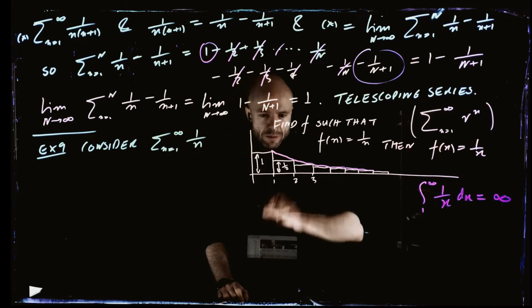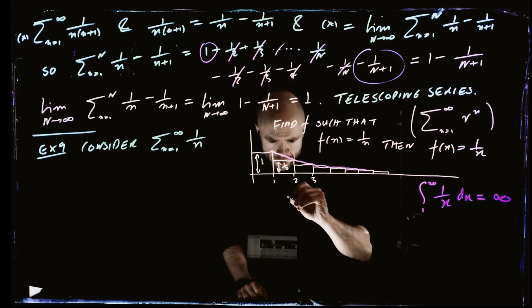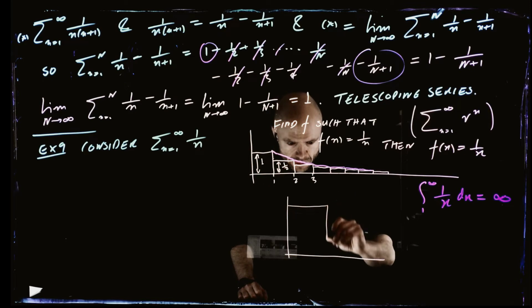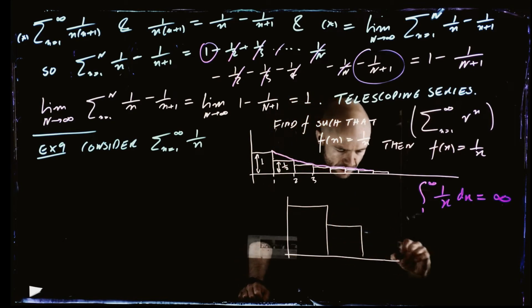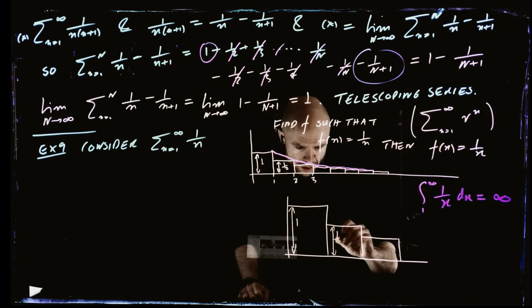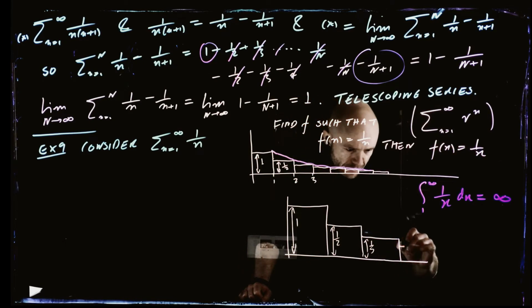Maybe my picture's a little bit small. Let's blow up the picture a little bit. So this is 1, this is 1 over 2, this is a third, next guy is a quarter.